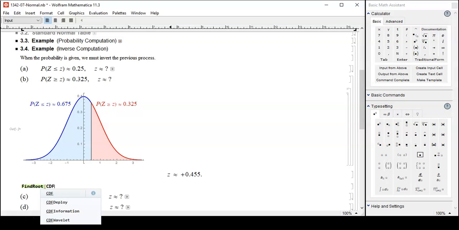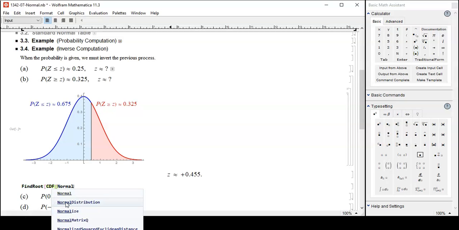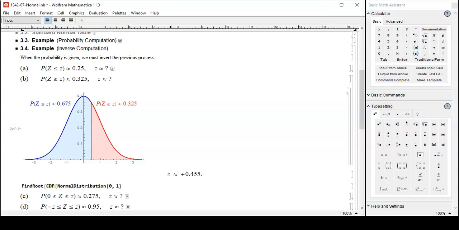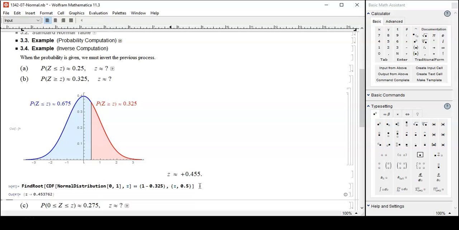Yes, positive 0.4537. So 454 versus 455.